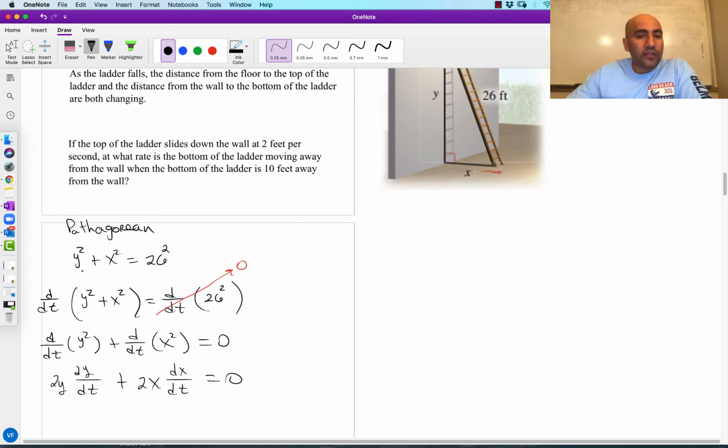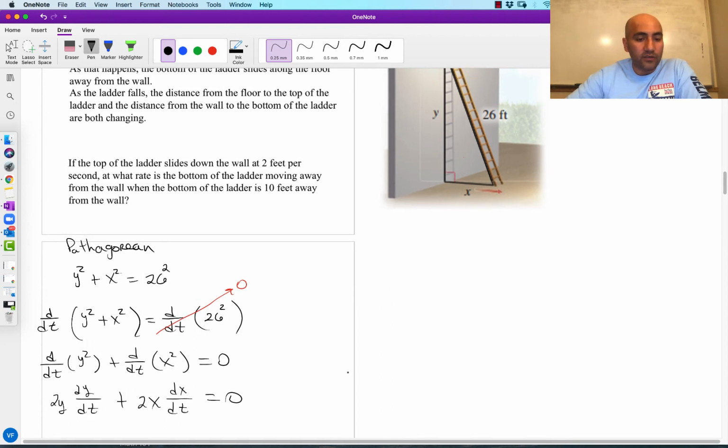Here we had an equation that involved just the distance y, the distance x, and the distance of the ladder. And now we have a new equation that involves the distance y, the distance x, but also the rate dy dt, the way that the y variable is changing, and we also have dx dt, the way the x variable is changing. The speed of the y variable, the speed of the x variable.